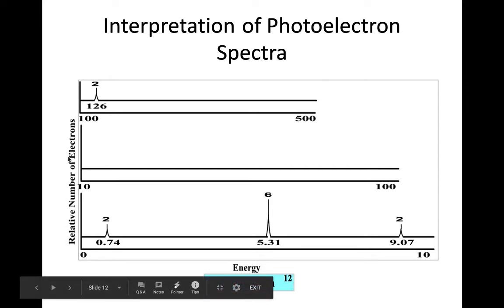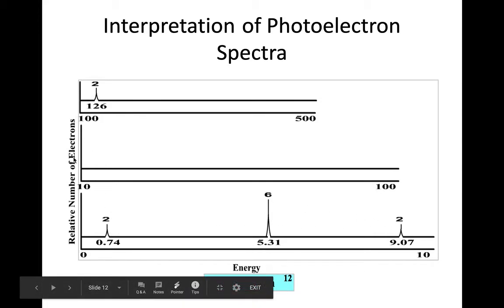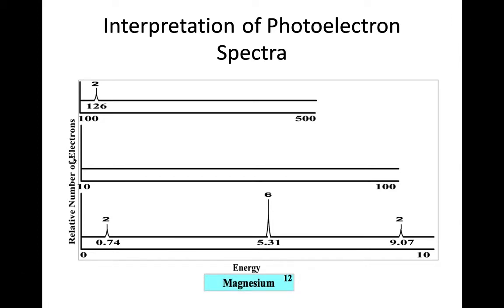Alright, so we've got 3 peaks of equal height and 1 peak that's a lot taller than the rest. Now, since this is relative number of electrons, these 3 peaks of equal height must have the same number of electrons. Alright, let's look at our highest energy first.